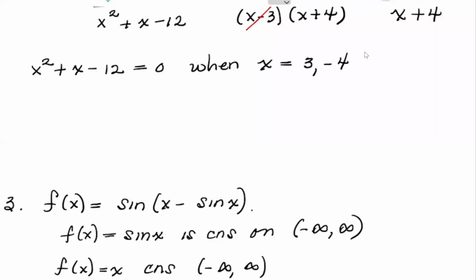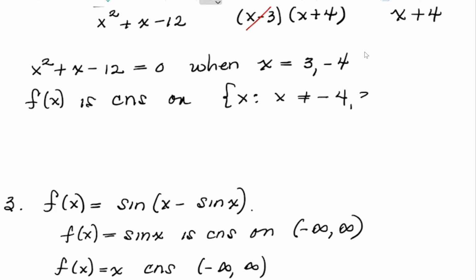So now we're going to get that f of x is continuous, and we can use this set of all x such that x is not equal to minus 4 and 3.